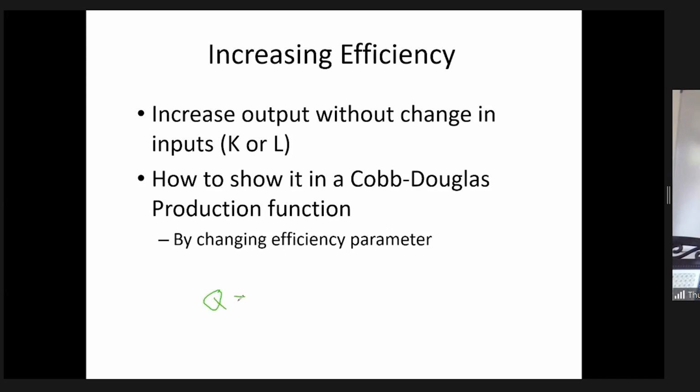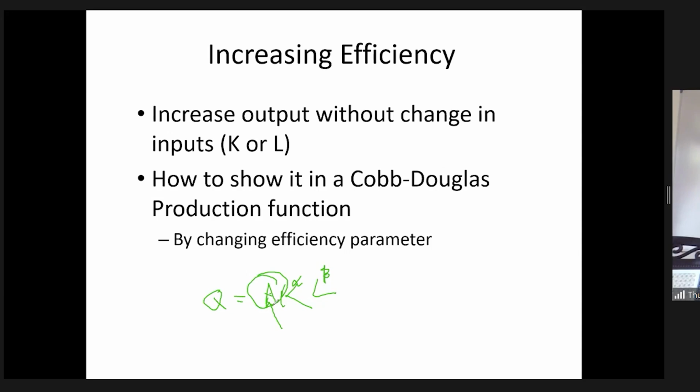Output is a function of capital and labor. So we said A times K^alpha L^beta. So this is the functional form. Here we learned that this A stands for efficiency. Therefore, in a Cobb-Douglas type of production function, if you want to increase the efficiency, the simple thing is to increase the value of A.